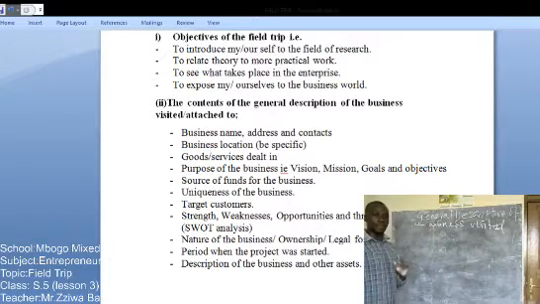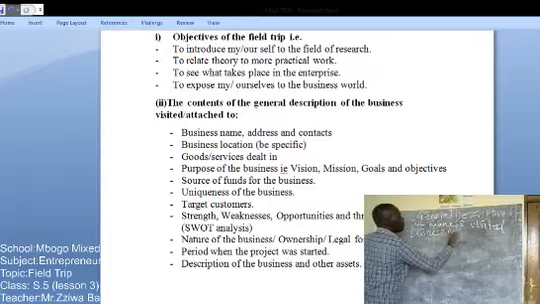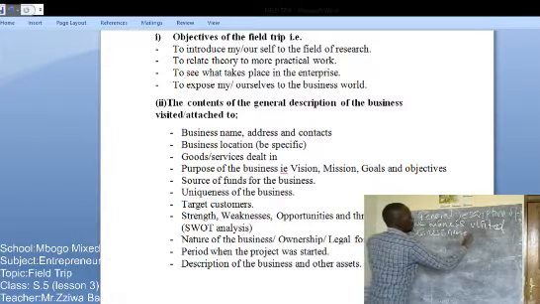We have a number of elements of the general description. Number one, let us first list down the elements. Then we are going to learn how to fix in examples. Number one is the business name and address.